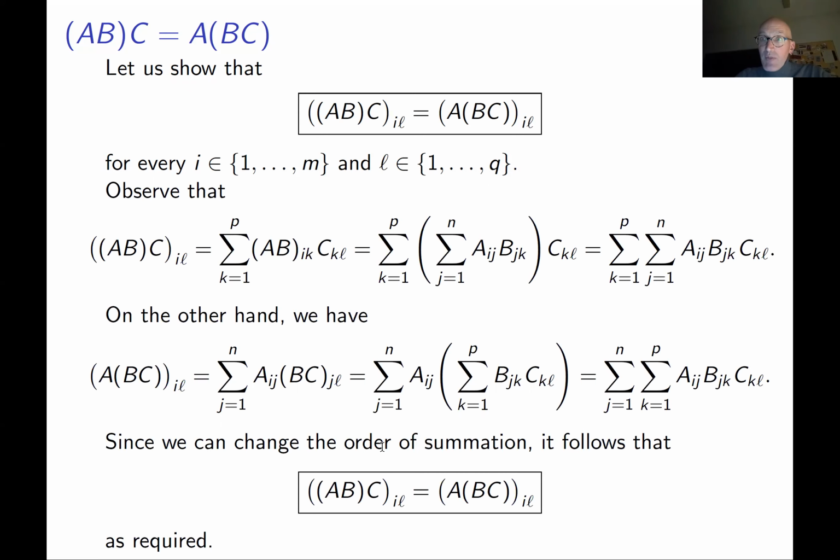You change the order of summation in each of these formulas, and you see that they are the same. Okay. A little bit later, we will get another way to prove this formula without such complicated summations. But I strongly suggest to check this proof, and to check this property in some cases.